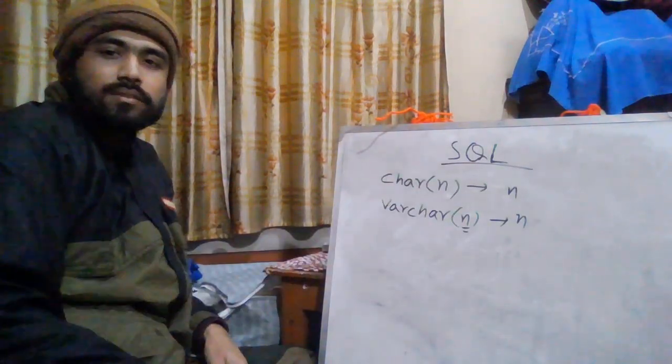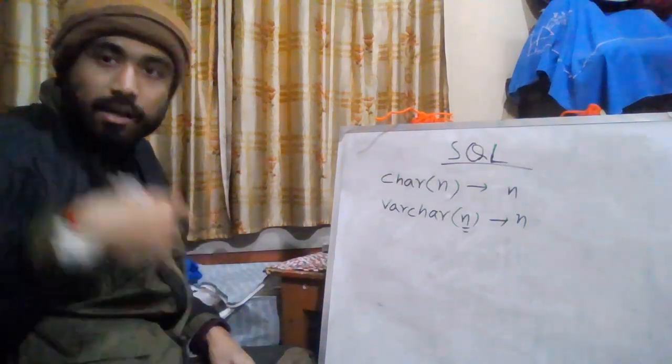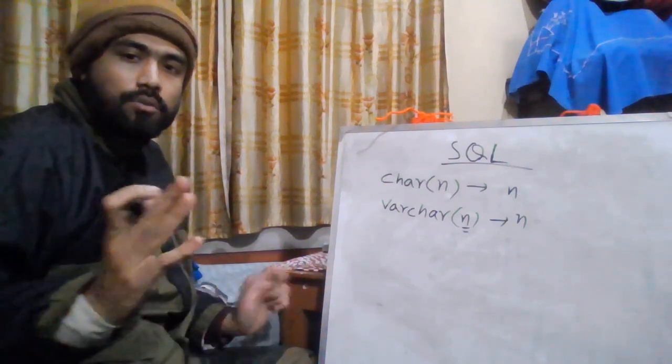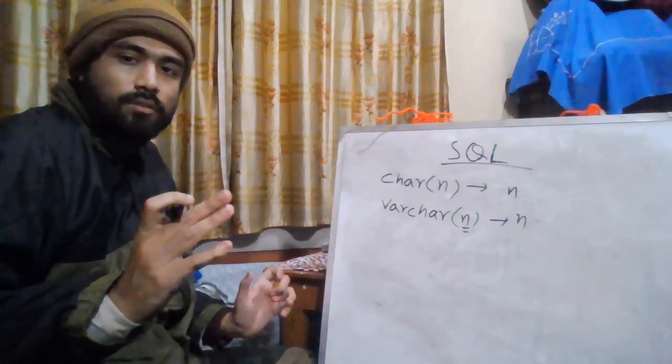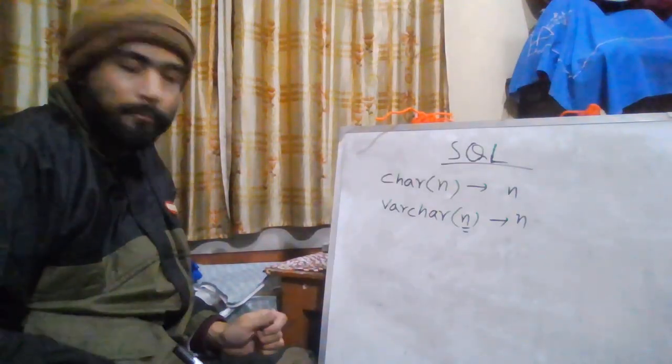Varchar(100) means it can hold less than 100 also, but it cannot exceed 100. So the maximum value will be 100, and you can store anything within the range of 100 characters.